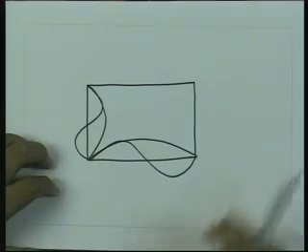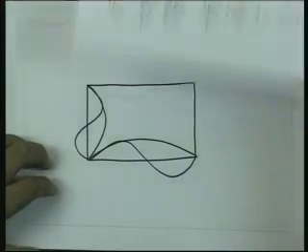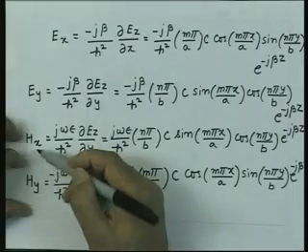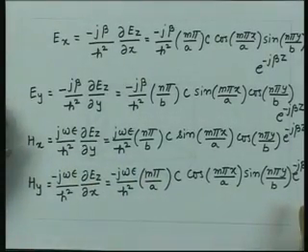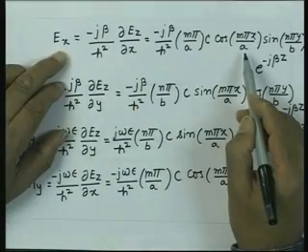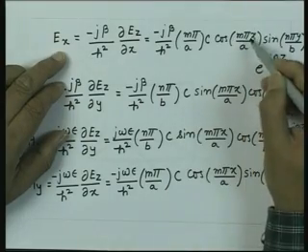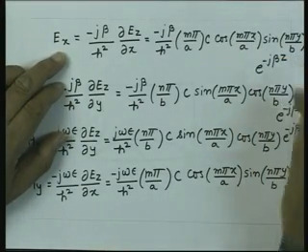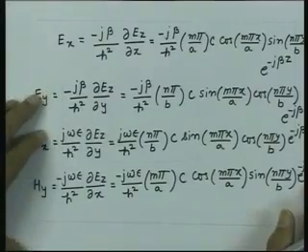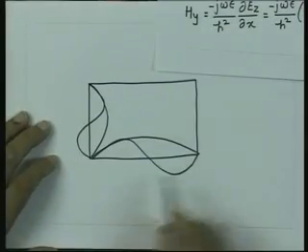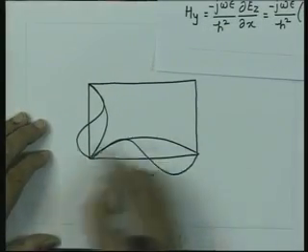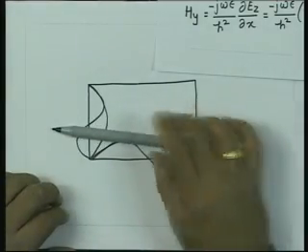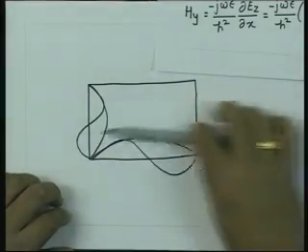and so on. However, if I look at these fields now, which I got here, Ex, Ey, Hx, Hy, the Ex is having a cosine variation as a function of x. So, the component Ex, which is this x component oriented this way, has a cosine variation along the x direction.